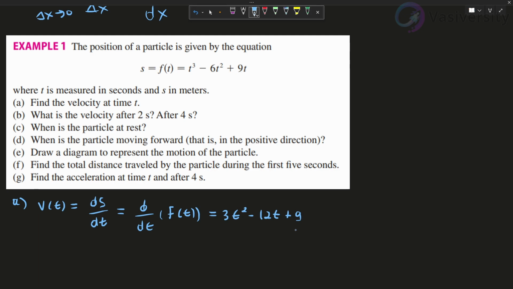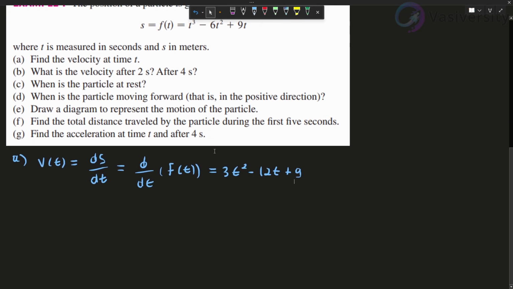Then we want to find the velocity after 2 seconds and after 4 seconds. So we will go ahead and evaluate the function that we found in part A. So v of 2 is going to be equal to 3 times 2 squared minus 12 times 2 plus 9.